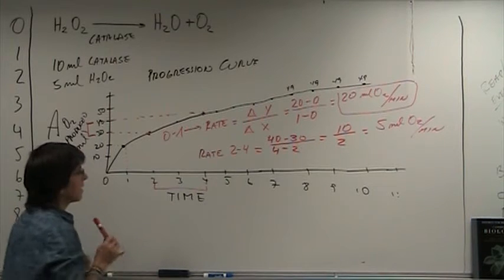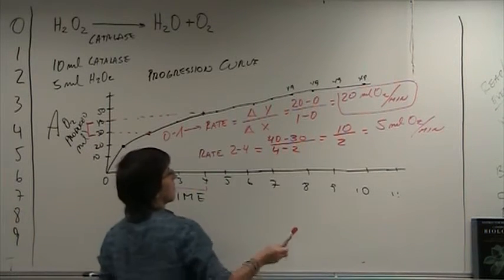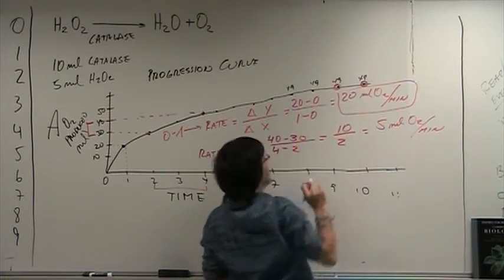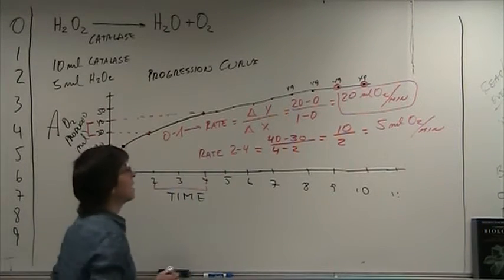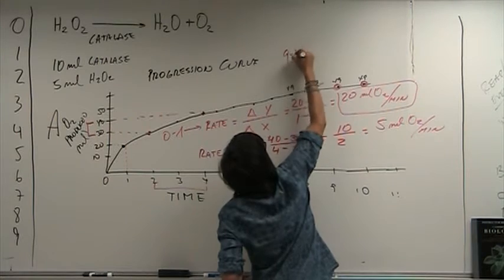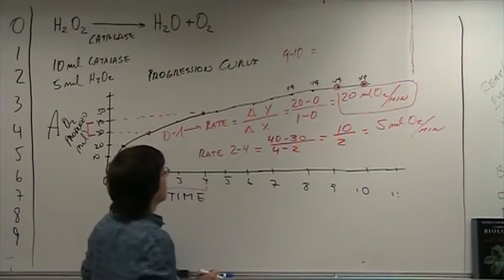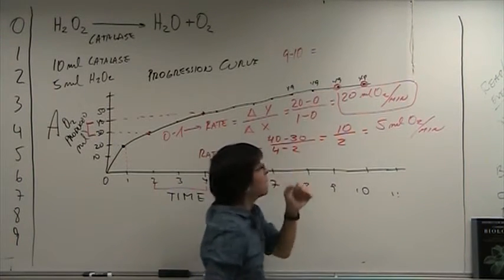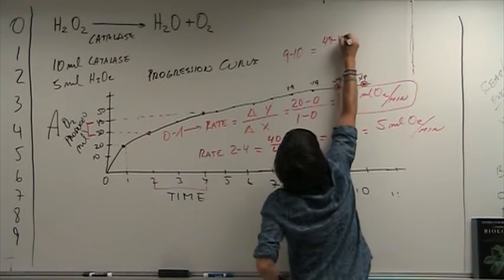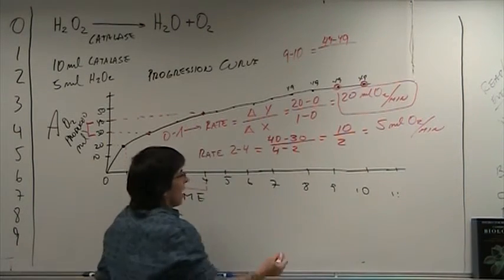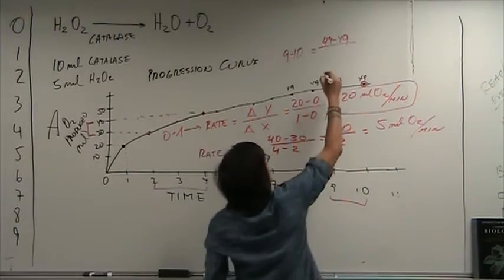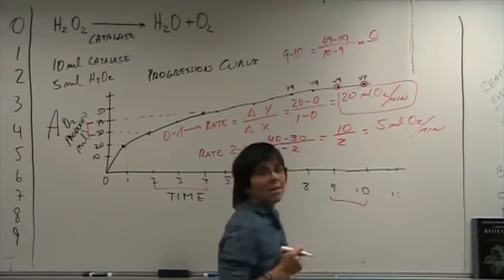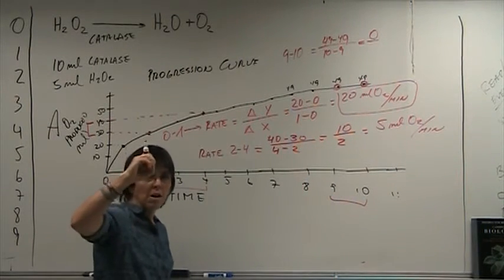A point of interest here. Let's calculate the rate of reaction, for example, between minutes 9 and 10. Minute 9, minute 10. If you calculate that rate for 9 to 10 minutes, delta Y, the change here, since it's 49 and 49 mLs, 49 minus 49, and the change in time, 9 to 10, that is technically 0. 0 rate of reaction.